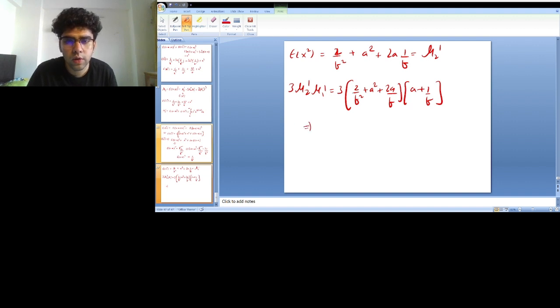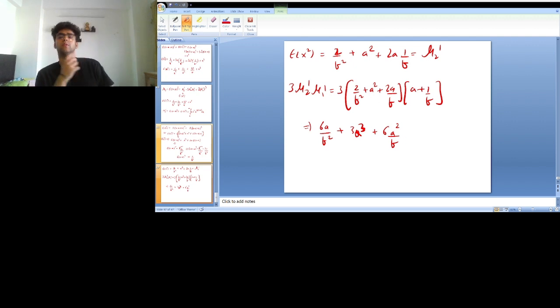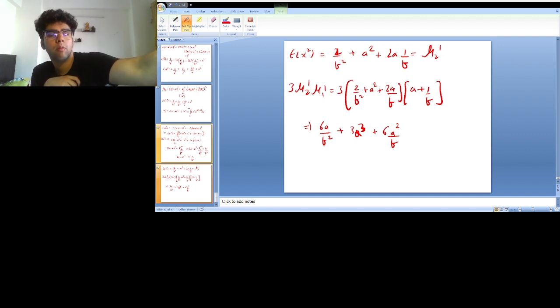So this is 3 into 2, 6a upon b square, plus 3a cube, plus 3a cube, plus 6 upon b cube. Now just multiplying 2a square upon b by 3 gives me 6a square upon b, right?